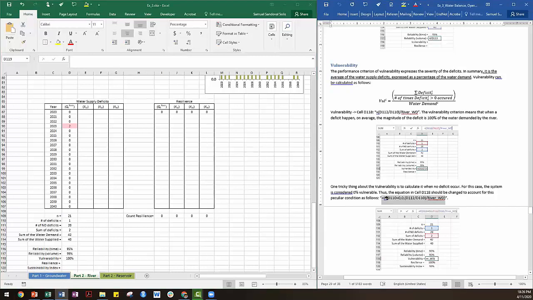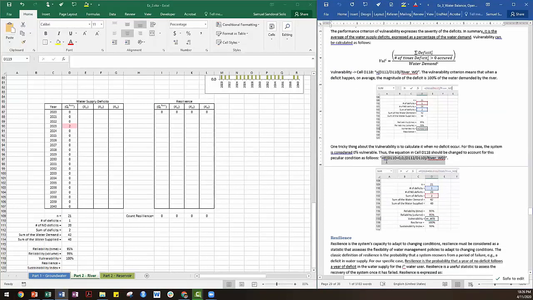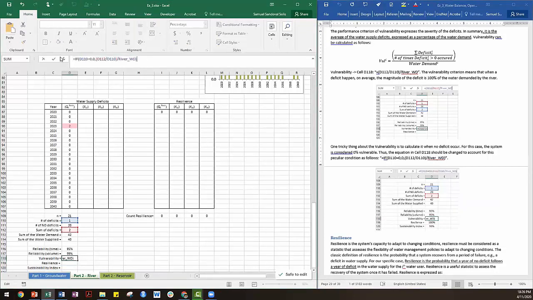The problem about this is that vulnerability, if you don't have any deficit, then when you try to divide 0 over 0, it's undefined. So basically what we will have to do in here is say that if you have no deficit, then the vulnerability will be 0.